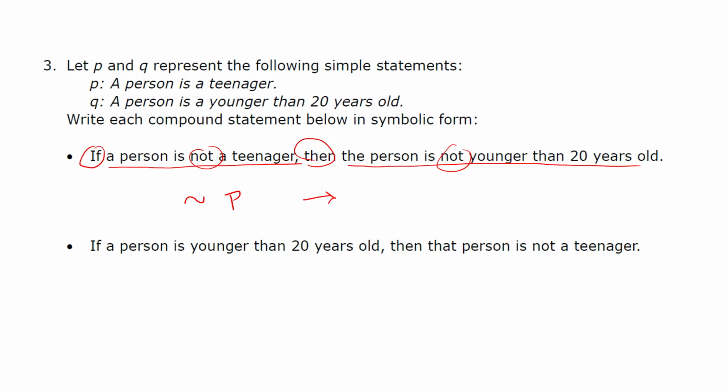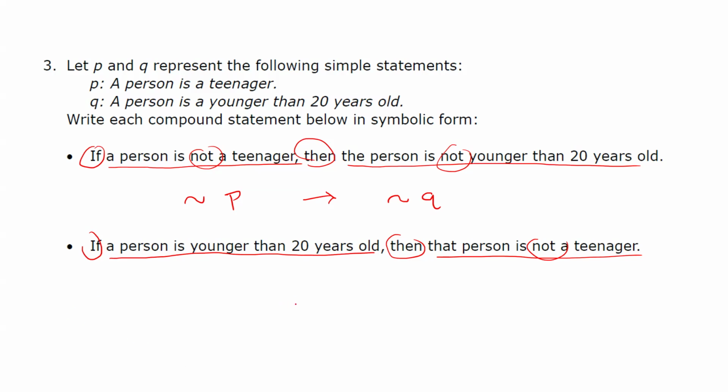Then for the second statement, we have a person younger than 20 years old. That is Q, but we want a person that's not younger than 20 years old. So we have to add the negation. Okay, next one. If a person is younger than 20 years old, then that person is not a teenager.